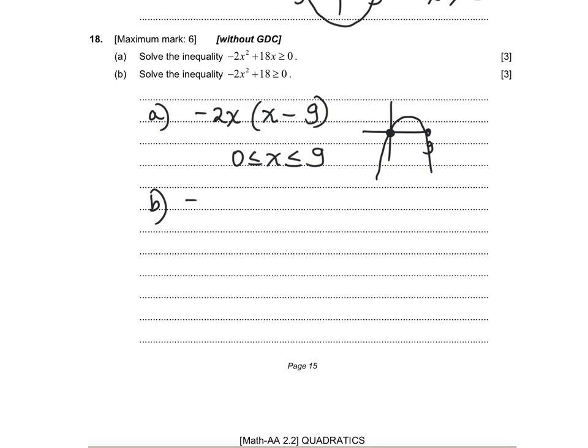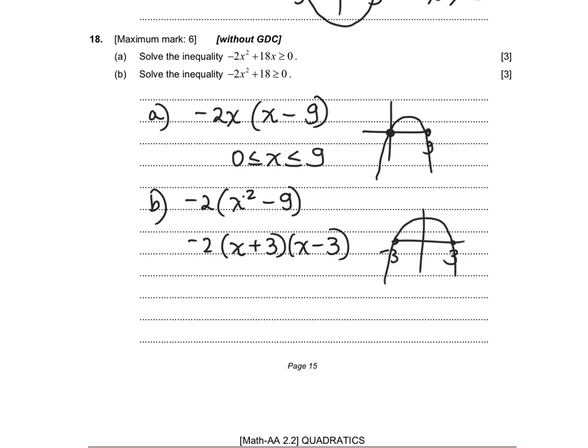For b, if I factor out a negative 2, that's going to be x squared minus 9 on the inside, and then this factors to x plus 3, x minus 3. Difference of squares, so we have zeros at negative 3 and positive 3, and it opens down. And if we want it greater than 0, that's in between negative 3 and positive 3.